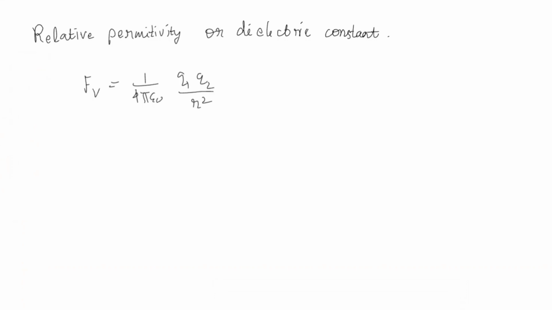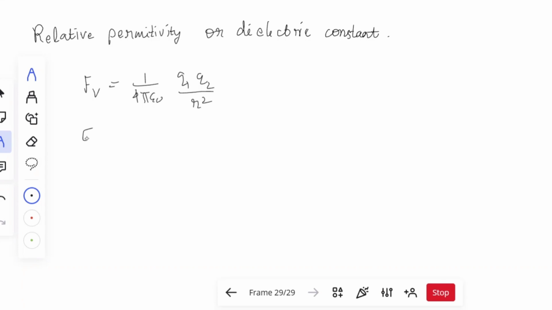Suppose these charges Q1 and Q2 are placed in a material medium, the force of interaction between them will be F m equals 1 by 4 pi epsilon Q1 Q2 by r square, at the same distance.